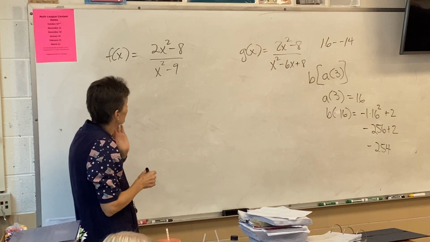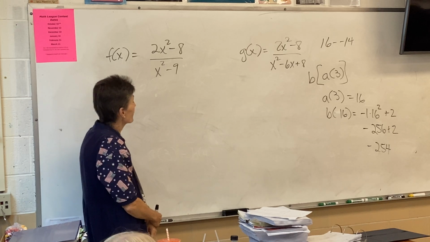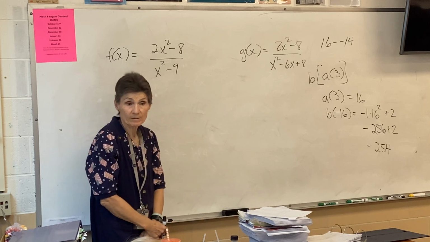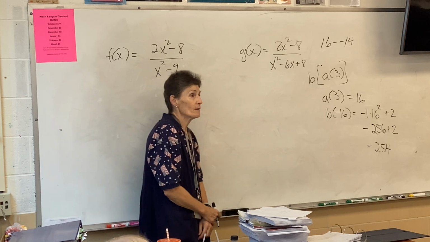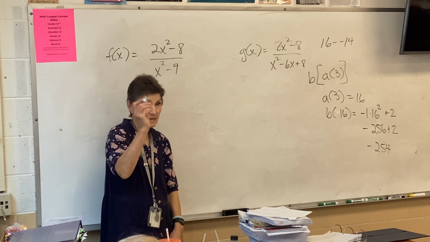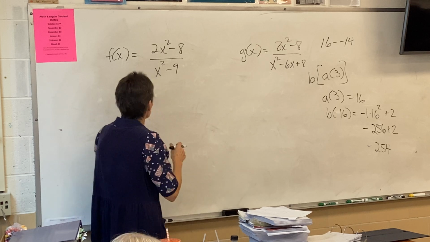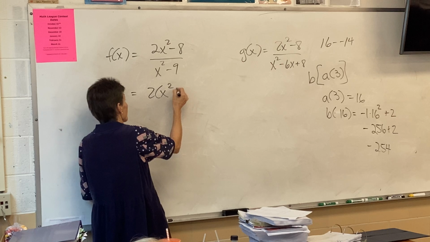All right, here we go. What do I always do first? Factor everything. I factor everything, right? Because remember, if there are holes, I have to cancel, which means everything has to be factored. So what can I do to the top? Take a 2 out.